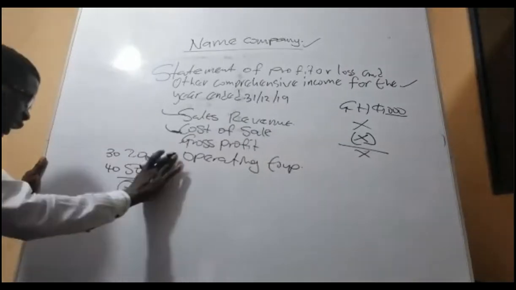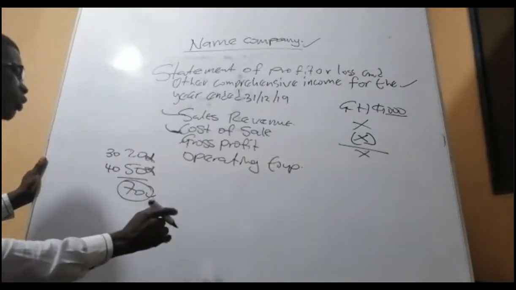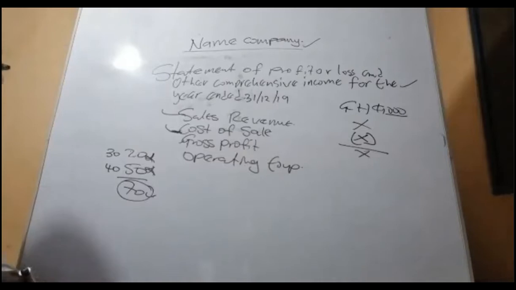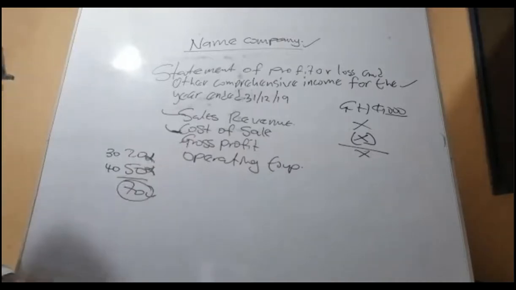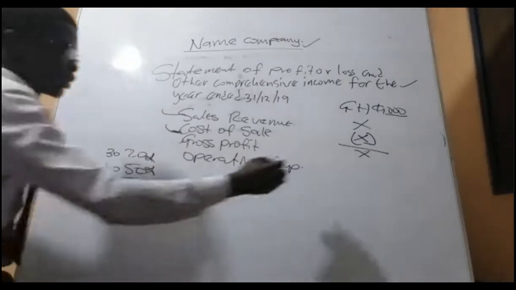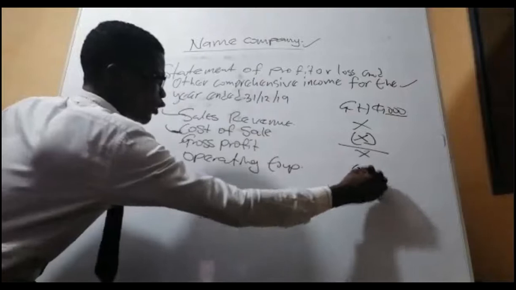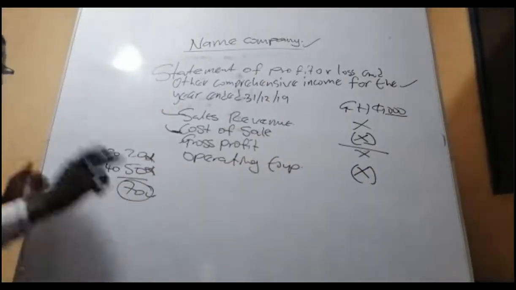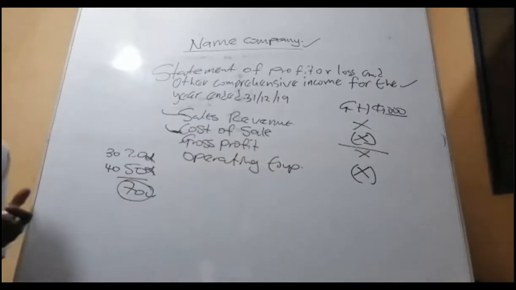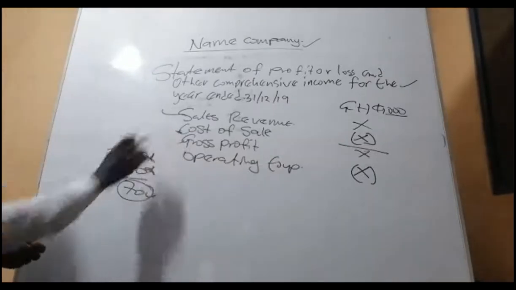Or if you don't like operating expenses, you can also call it selling, general and distribution costs. So you can put all of them together, but normally I like operating expenses, so I'll put it here. We shouldn't forget that our operating expenses comprise the admin and the selling and distribution costs. That is the second workings that we will do.